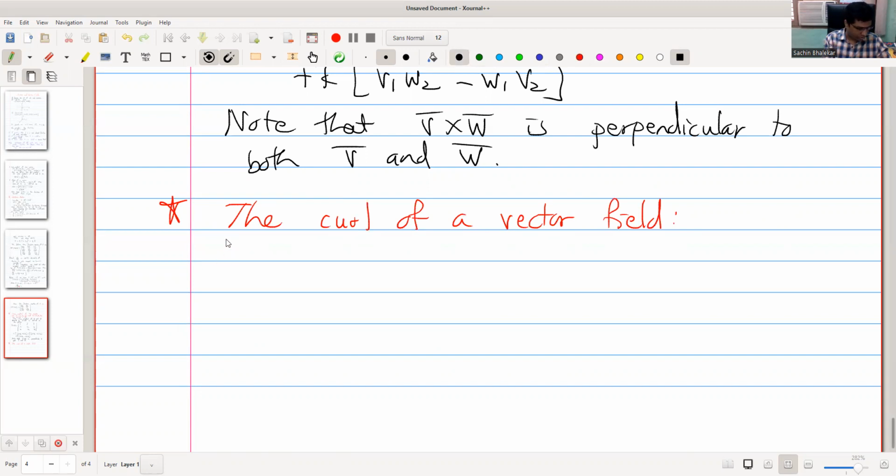So consider the vector field, a differentiable vector field, which means each component of that vector field is a differentiable function.